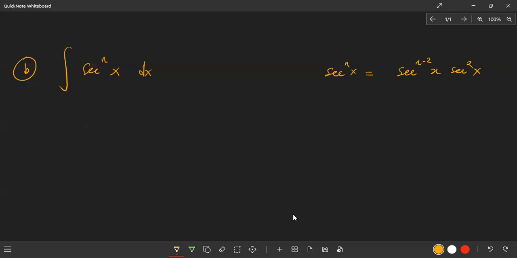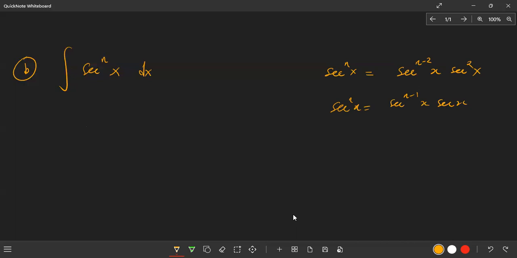Now imagine if you had chosen sec^n x to be sec^(n-1) x times sec x. This would be very difficult for me, even for you. Yes, you can differentiate sec^(n-1) x easily, but do you know the integral of sec x?